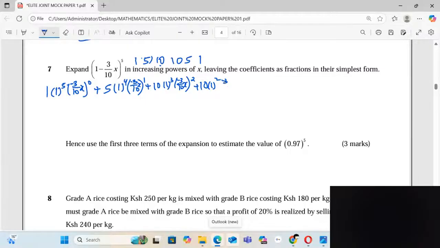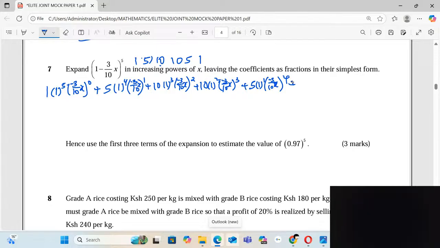And then we have negative 3 over 10 x. The next one now increases to 3. Then we add 5, 1 raised to. Now the next one reduces to 1. The power reduces to 1 as negative 3 over 10x increases to 4.